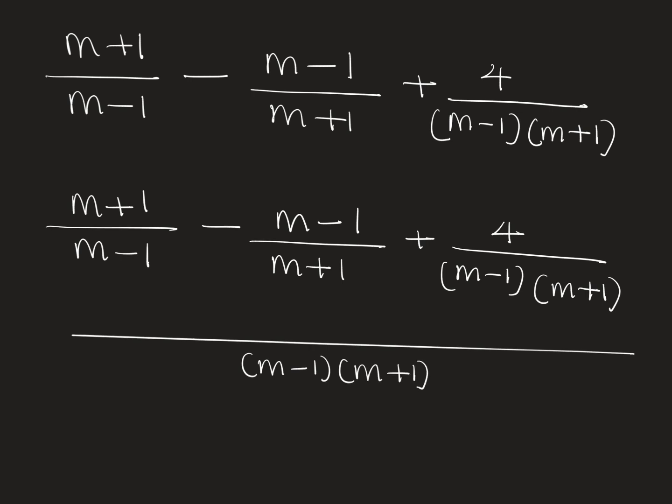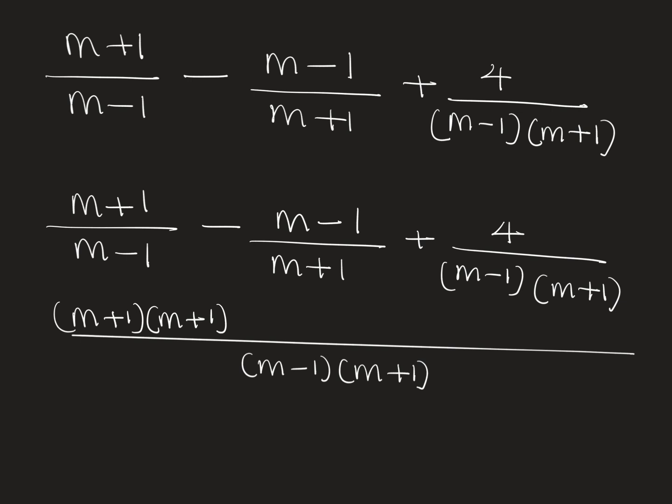Okay, so how do we go by this? This m minus 1 will cancel this m minus 1. So we'll be left with m plus 1 here. Then we have to multiply that one with what we have here as the numerator. So it means for this side, we're going to have m plus 1 multiplied by m plus 1.